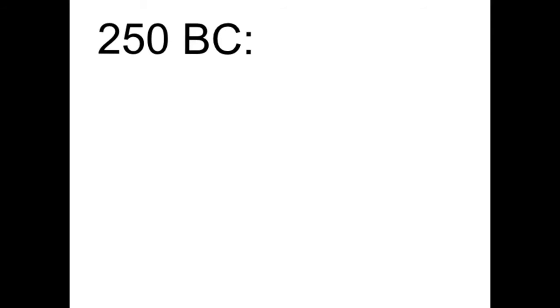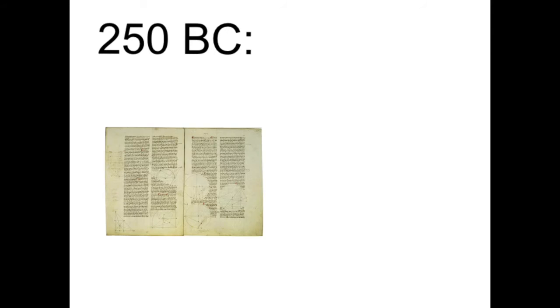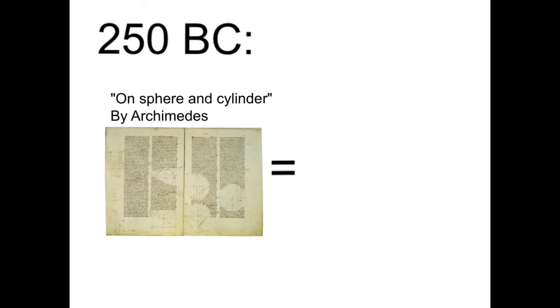After this, in 250 BC, in the book called On the Sphere and Cylinder, Archimedes, the author, gives the formulation for calculating the volume of a sphere and a cylinder, in which this book was divided into different parts, in which he shows the readers his knowledge about mathematics.